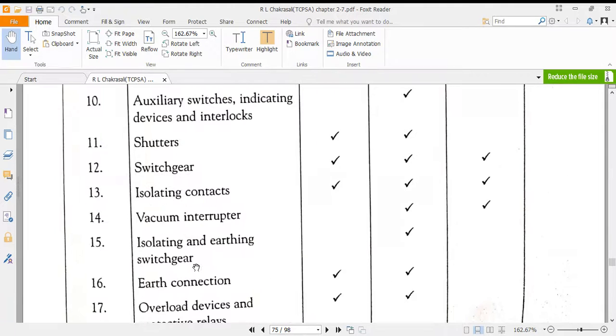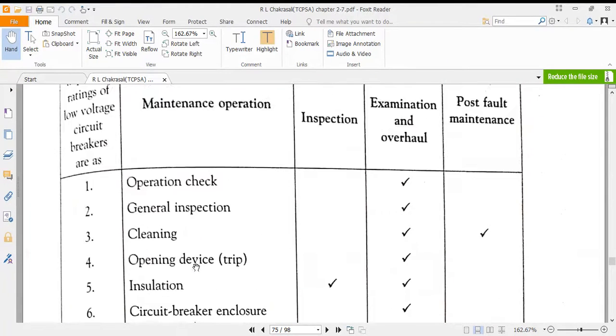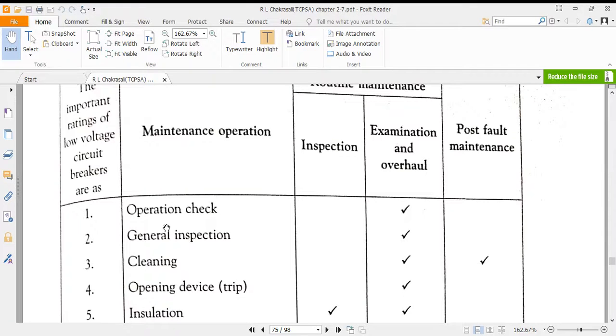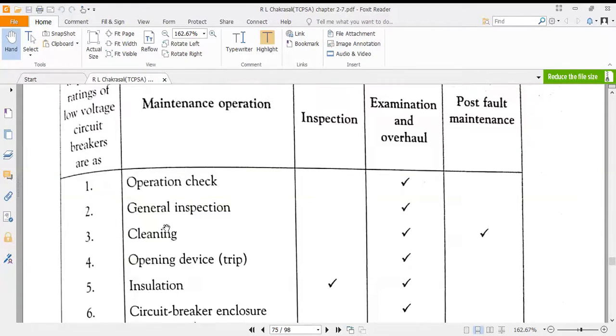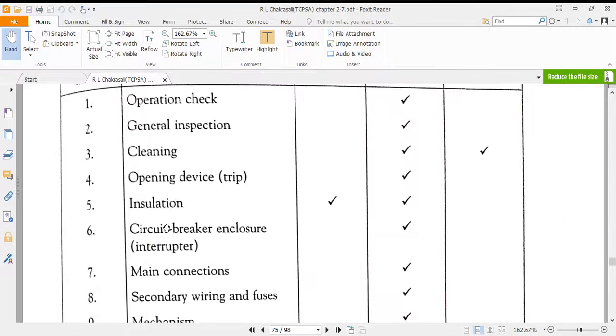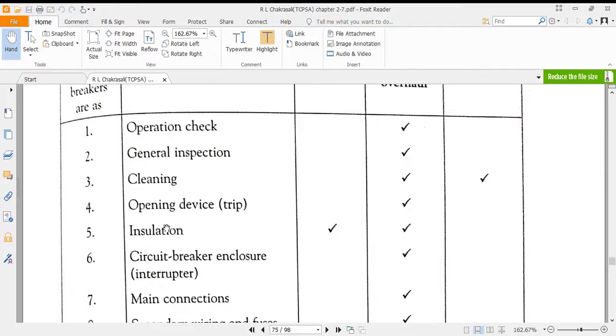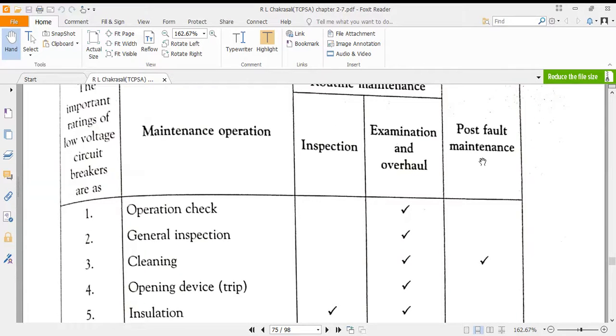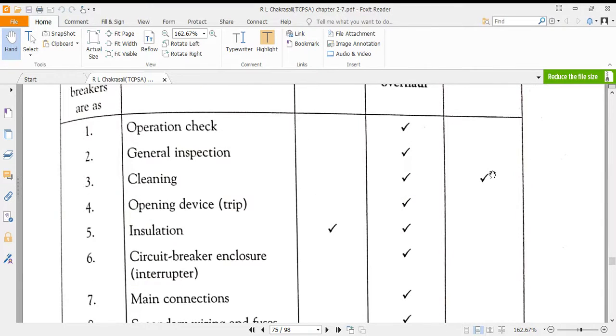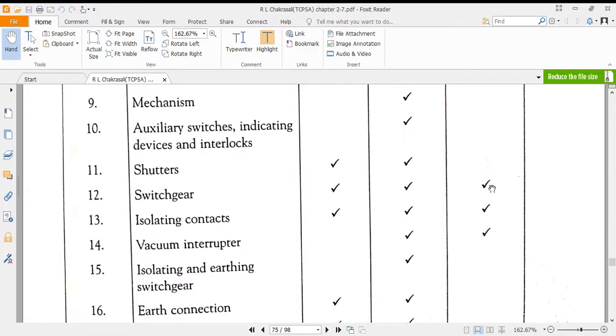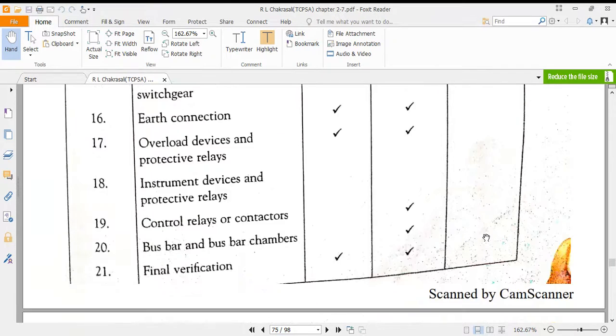Can you see all these operations? Maintenance operations are same. Only there are minor changes on post-fault maintenance. First one is cleaning. Second one is switchgear operations, isolating contacts, vacuum interrupter operations. Then we go for final verification.